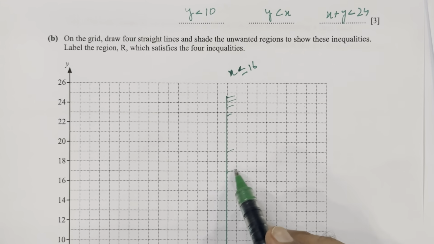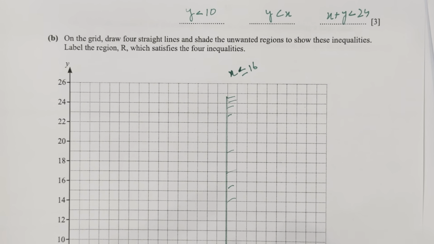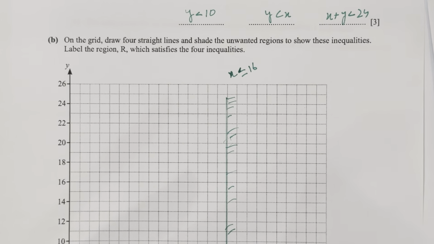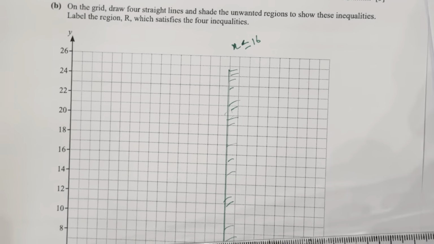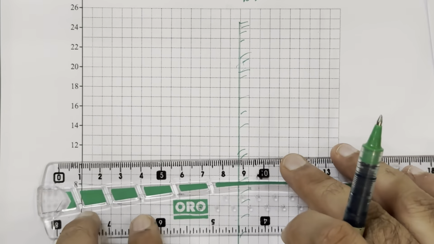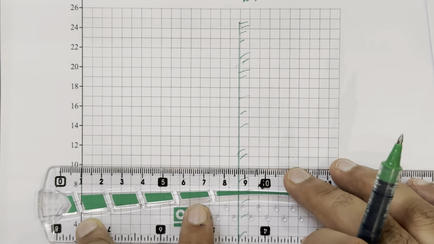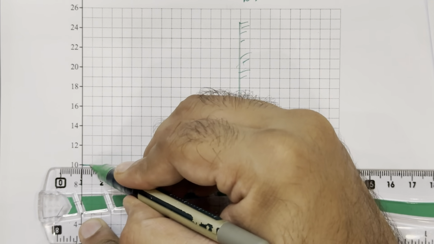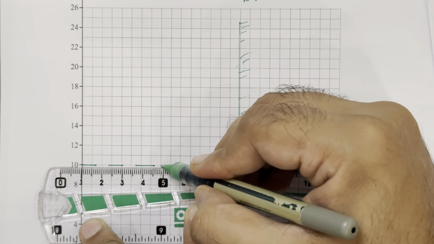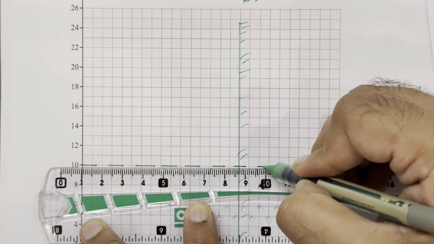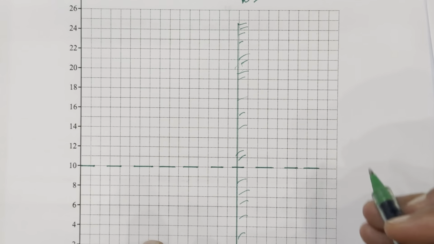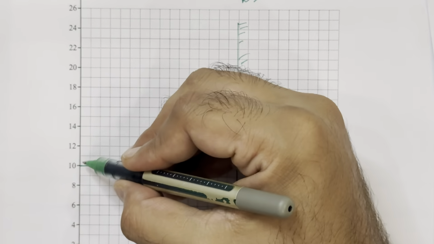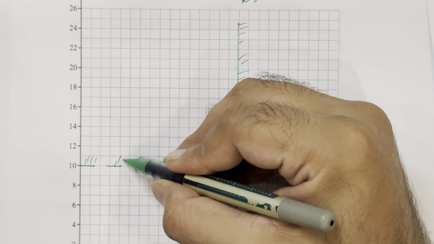This portion would be shaded, because this is unwanted. Now Y is less than 10 and it doesn't have any equality, so we need to plot it by dotted lines, so it would be like that. It is less than 10, so its unshaded region would be at the top.